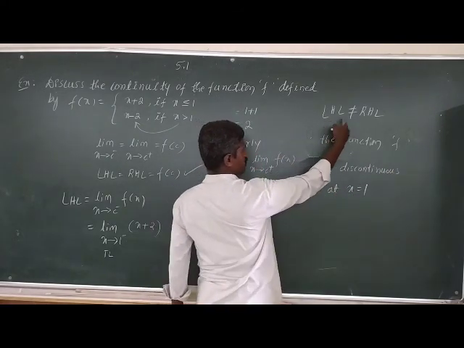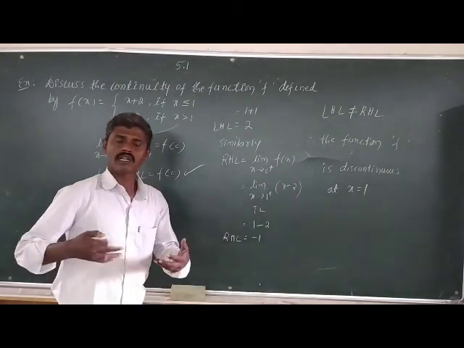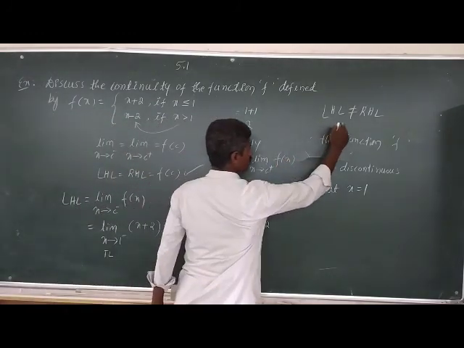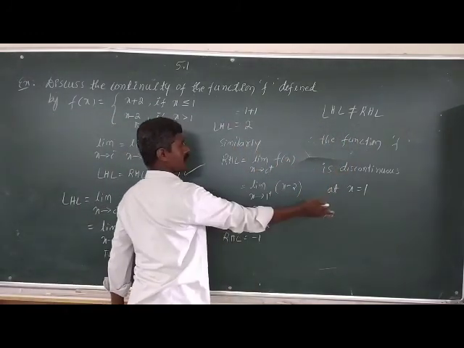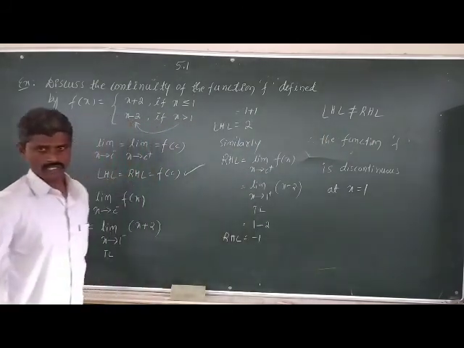It means LHL is not equal to RHL, so the limit does not exist, the limits do not coincide. The function is continuous only if LHL is equal to RHL is equal to f of c. Otherwise, the function is not continuous.